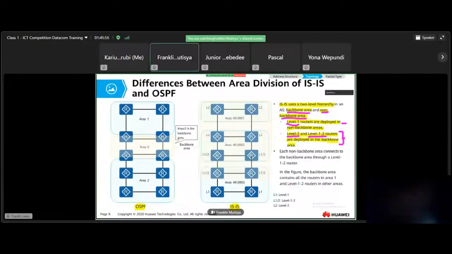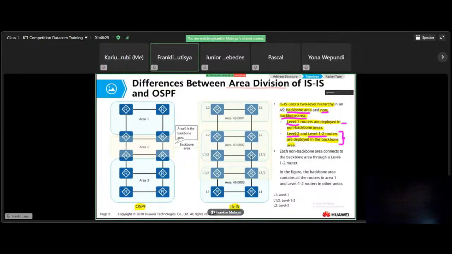So let's look at the differences between ISIS and OSPF in terms of area division. So we saw that for OSPF, areas are divided based on the interfaces that belong to these areas.